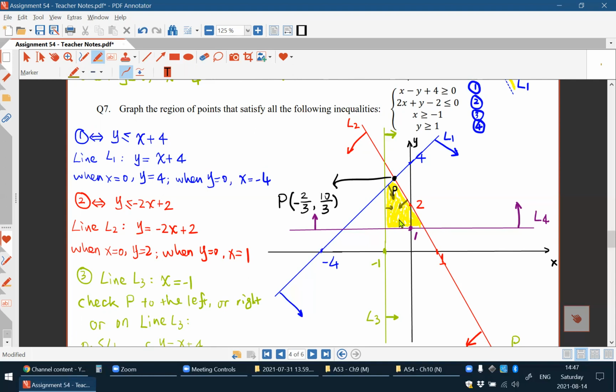And last, it should be above line 4. So these are the 4 boundary lines, and the yellow shaded area is the overlapped area we are looking for.